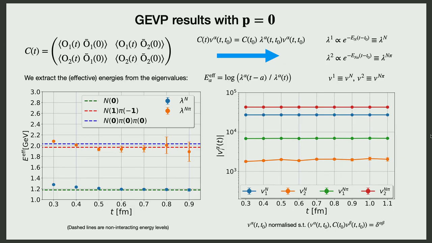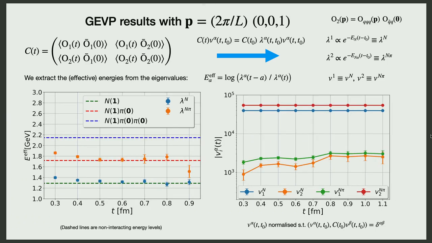And the eigenvectors behave very nicely in the sense they are fairly constant with time. This is at zero momentum. We solve the GEVP also at non-zero momentum. And here it's very clear that the second eigenvalue has an energy which is very close to the Nπ non-interacting energy. And so we can use the eigenvalues, and in particular the eigenvectors, to do this diagonalization.